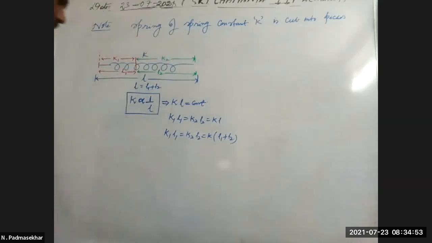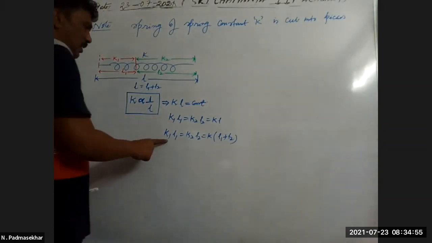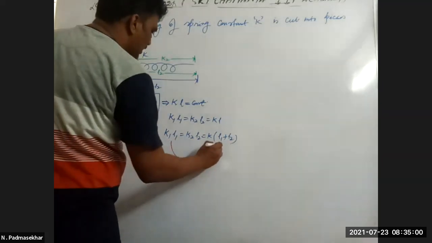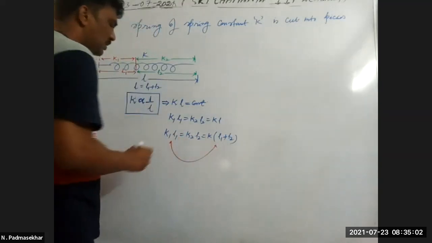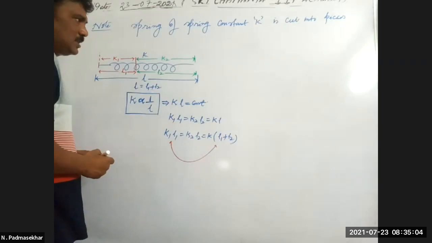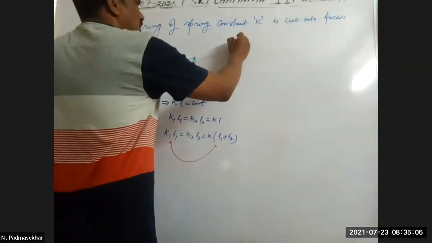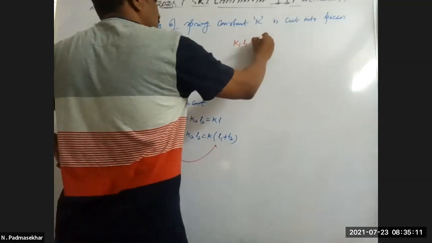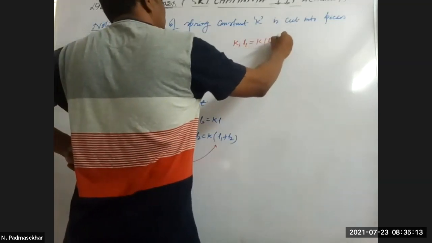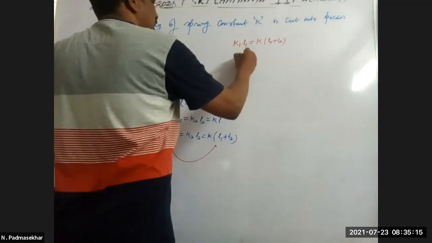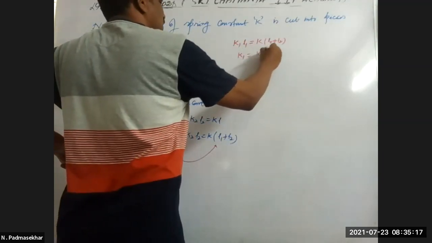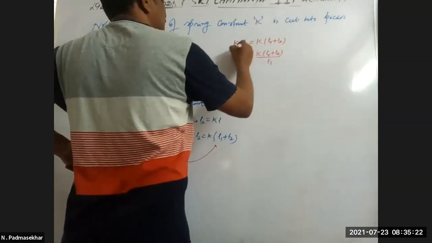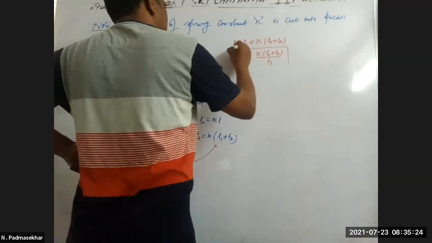Now I want to find the spring constant of the first part. K1 L1 is equal to K into (L1 plus L2), so K1 is equal to K into (L1 plus L2) by L1. This is the spring constant of the first part.